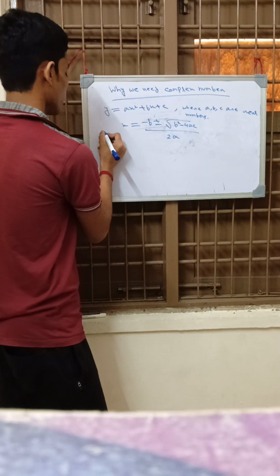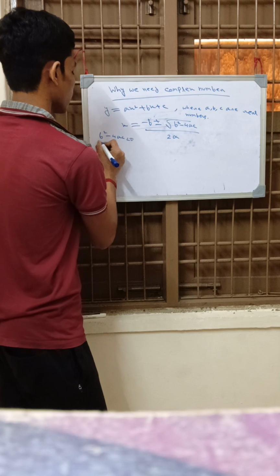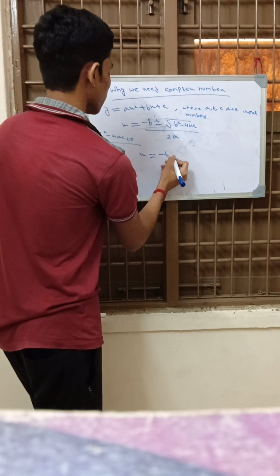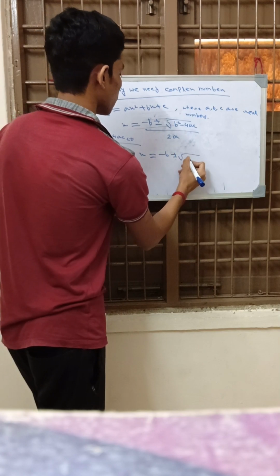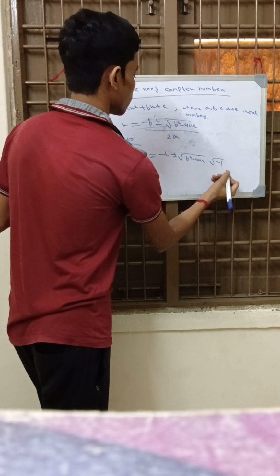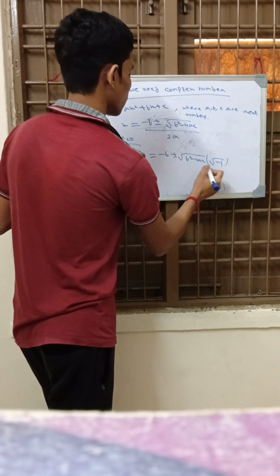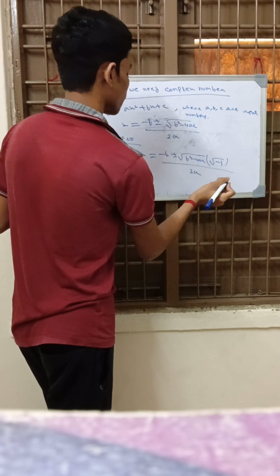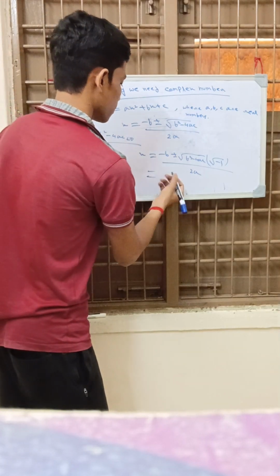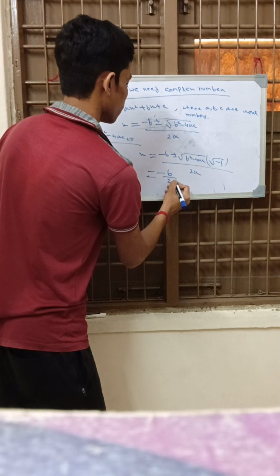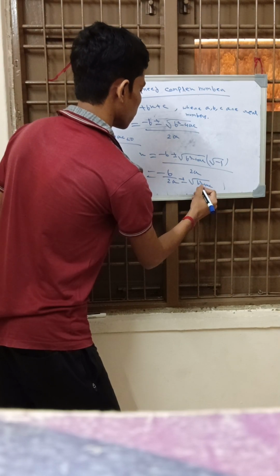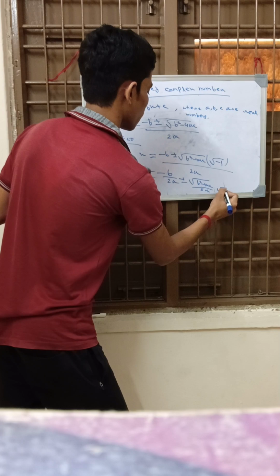If b square minus 4ac is less than 0, then we rewrite it as x equals minus b plus minus square root of minus of b square minus 4ac into minus 1, by 2a. So now the quantity 4ac minus b square is positive. So this looks like minus b by 2a plus minus square root of 4ac minus b square by 2a into square root of minus 1.